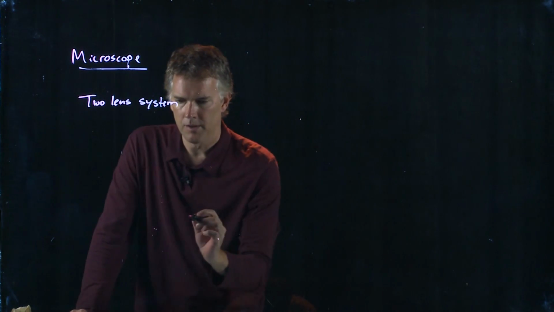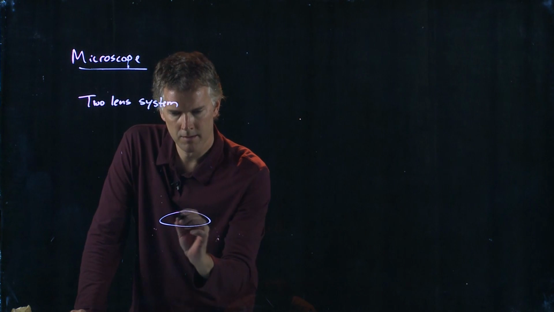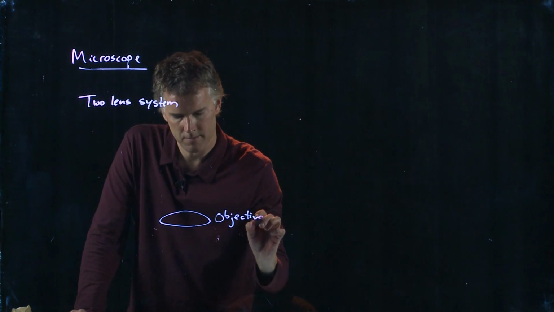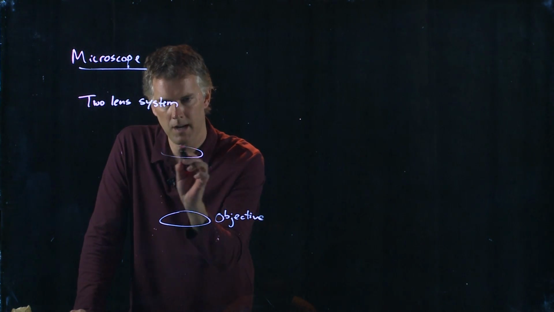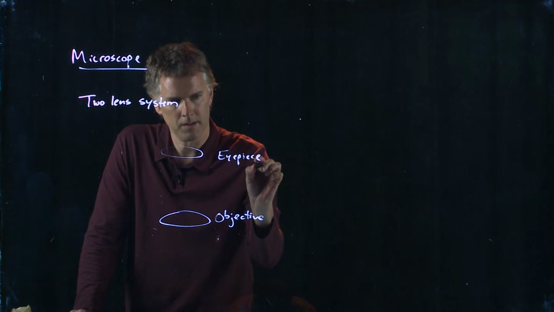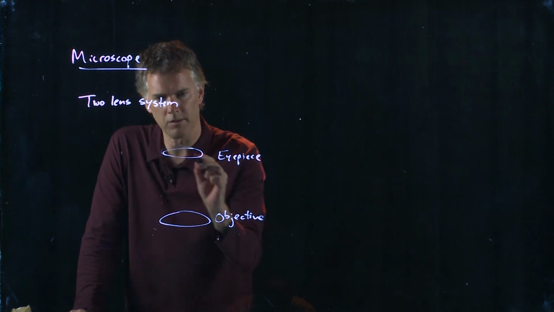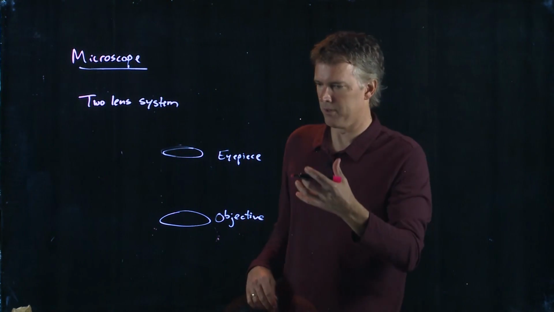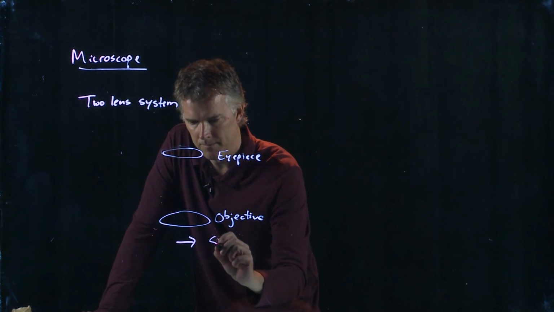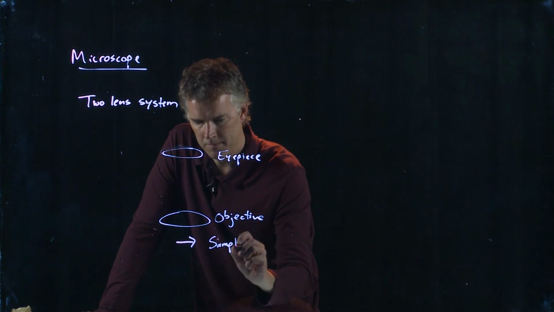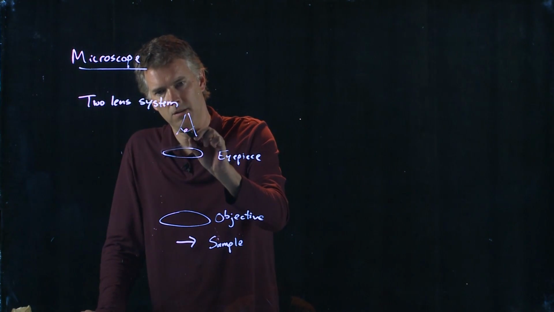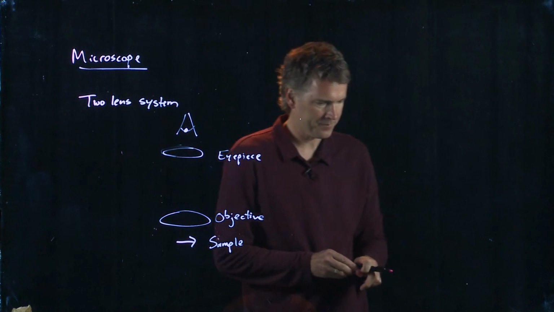And there is an objective and there is an eyepiece. Okay, and we're drawing it vertically because these things are usually mounted vertically on the table. And you put your sample right here. And then you, of course, look down through this eyepiece.